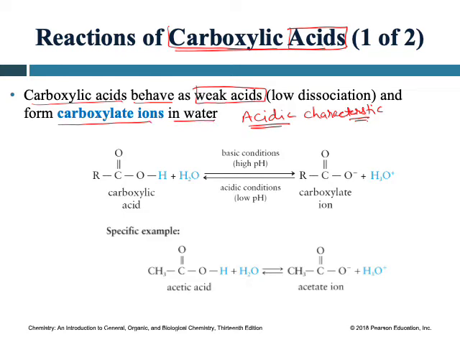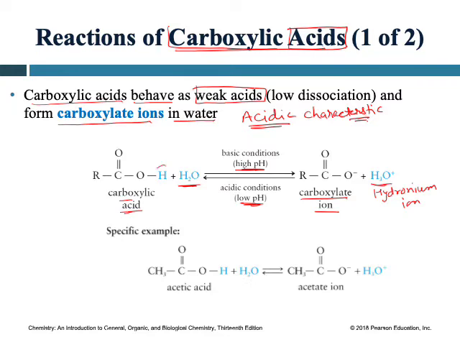So we'll see how this reaction works. This is a carboxylic acid, and if you dissolve carboxylic acid in water, depending on the pH, and we'll see how this pH affects the reaction, you're going to make carboxylate ion and hydronium ion. This is the hydronium ion, H3O plus. So how does it work?